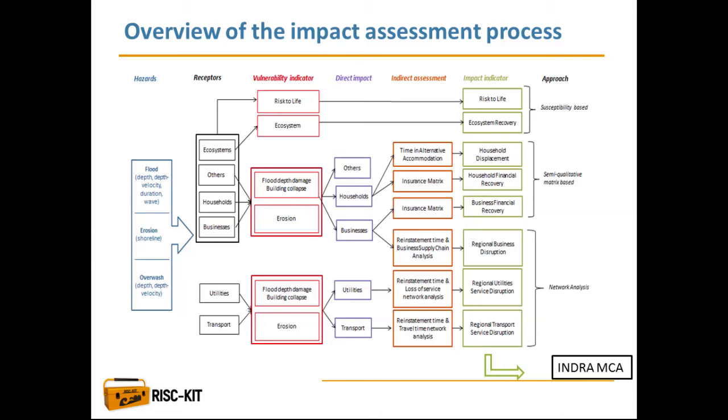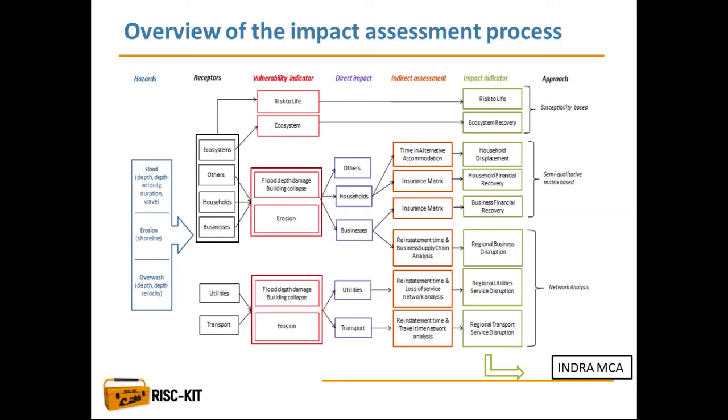Then the model uses vulnerability indicators available from the vulnerability library to assess various direct impacts. Some of these direct impacts are directly converted into impact indicators. This is the case for risk to life and ecosystem recovery, using the susceptibility-based approach.